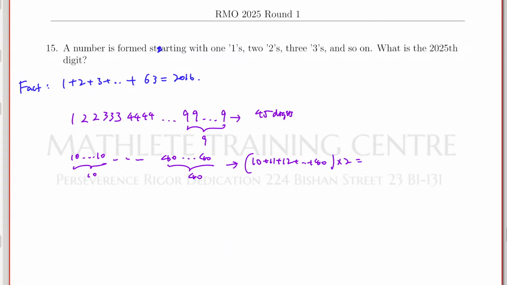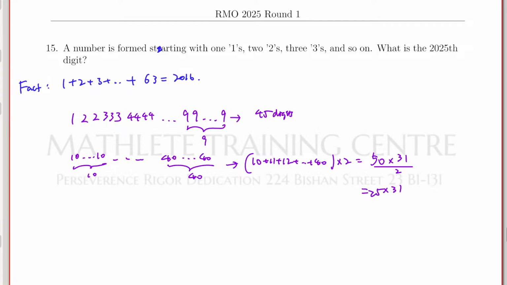The sum of 10 all the way to 40 is 50 times 31 divided by 2, since there are 31 numbers here. This is equal to 25 times 31, which is good enough, but not quite what we want.